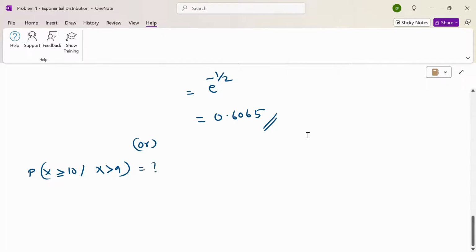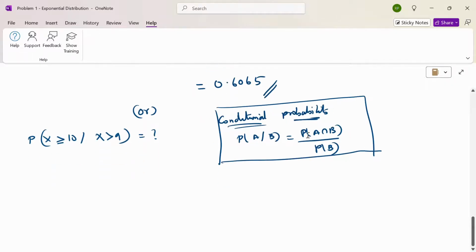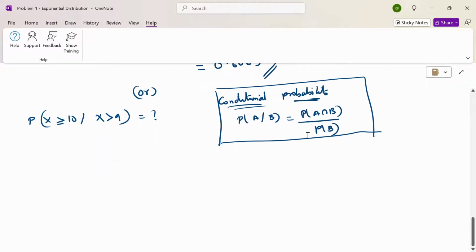Now how to solve using another way: conditional probability. Conditional probability, A given B, is the probability of A intersection B divided by the probability of B. This is our multiplication law, and from it we get the conditional probability.